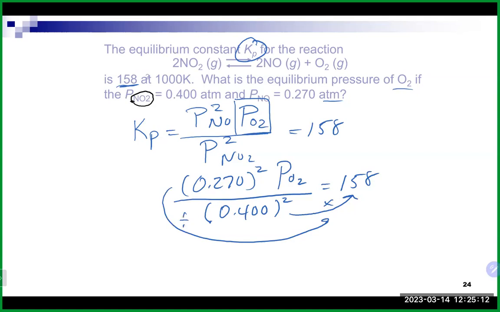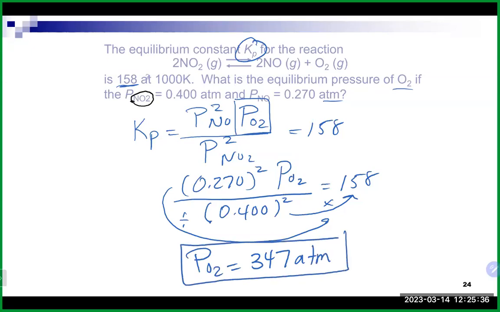And if we do that, we will end up with 158 times 0.4 squared divided by 0.27 squared. And that would give us a partial pressure of O2 of about 347 atmospheres. It would need units because it is a pressure, and it would be obviously the same units as the other pressures that we see here.